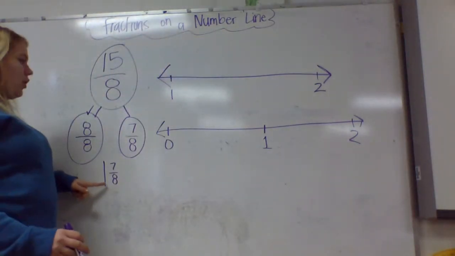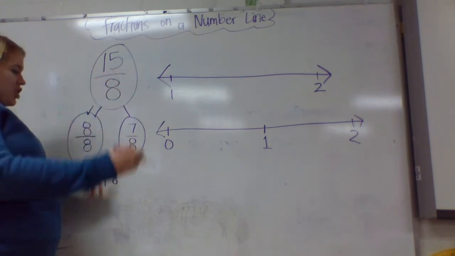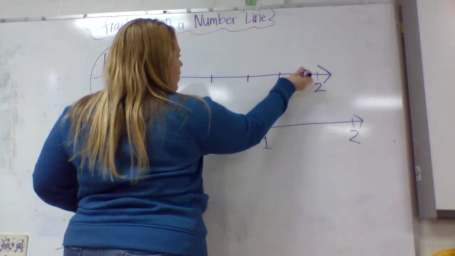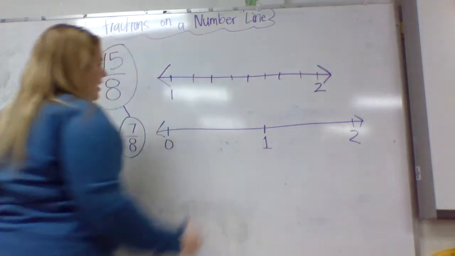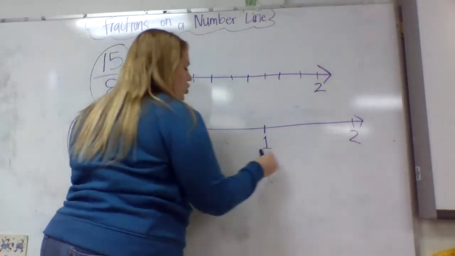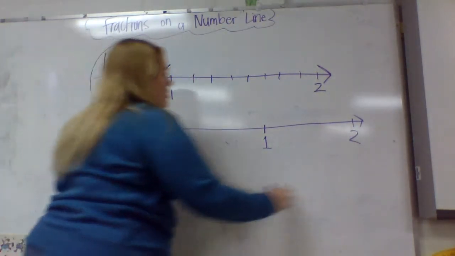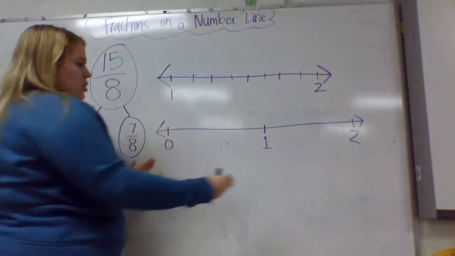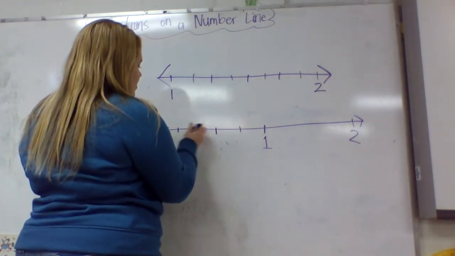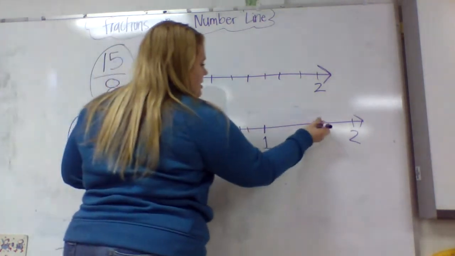So I know that between each whole there are 8 pieces. If I'm just going between 1 and 2, there's going to be 8 pieces. Or if I'm going from 0 to 2 with 1 in the middle, the whole thing can't be divided into 8 because it's 2 wholes. Each whole has to be broken into 8 little pieces.